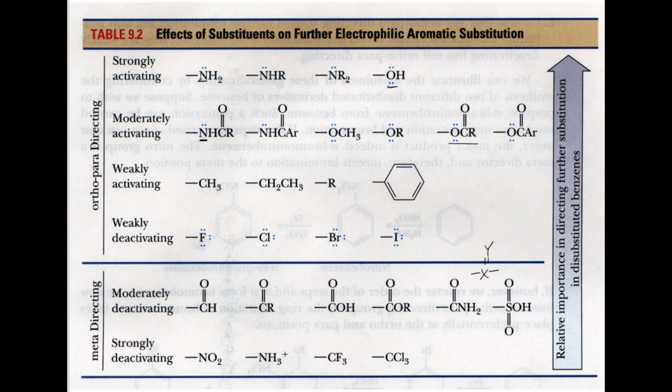And then NO2 and ammonium. And then CF3 and CCl3 are deactivating because when you attach a CF3 group to the ring, the fluorines all become delta minus, leaving the carbon very strongly delta positive, which then is going to pull electron density out of the ring and deactivate it.